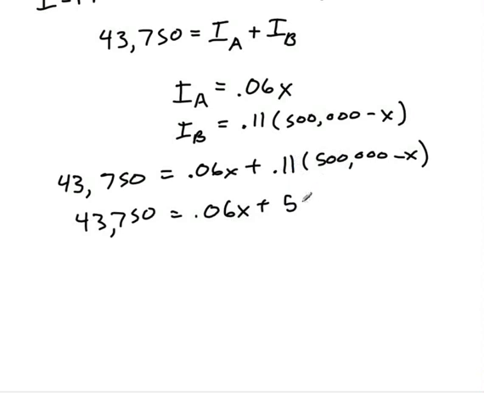So that's going to end up being $55,000 minus 0.11x. Don't forget to distribute both of those. So what I'm going to do is combine like terms, and I'm going to subtract 55,000 from both sides.